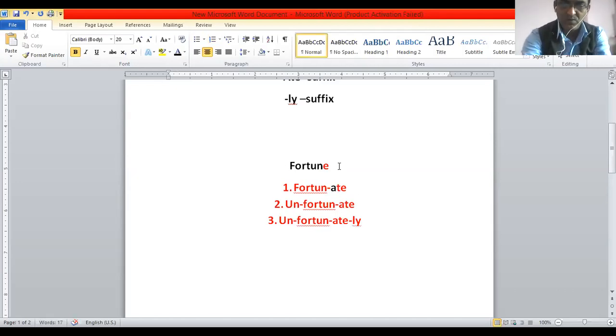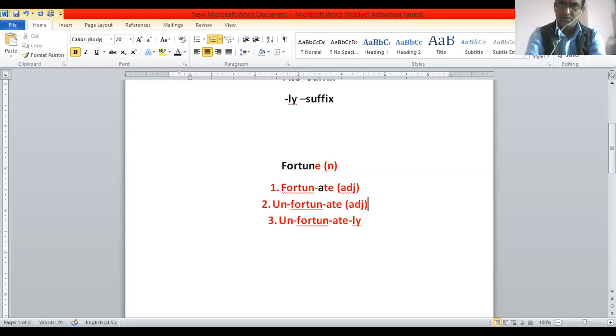Fortune stands for noun. It stands for adjective. It stands for unfortunate. It's again an adjective. And from the adjective, we have the adverb.